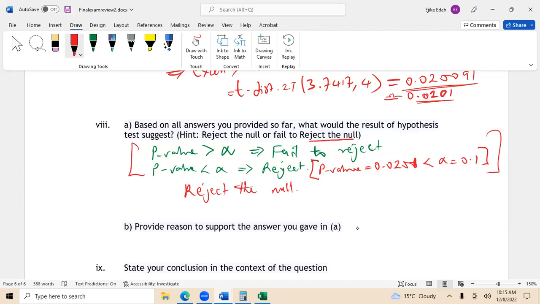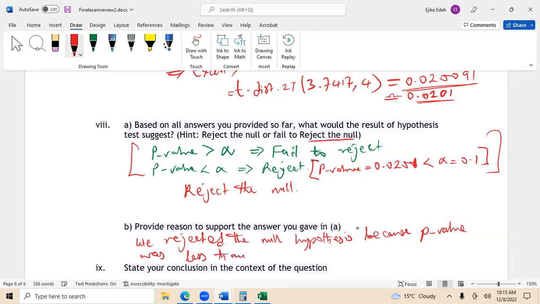We say we rejected the null hypothesis because p-value was less than alpha. And you can say significance level, whichever one.